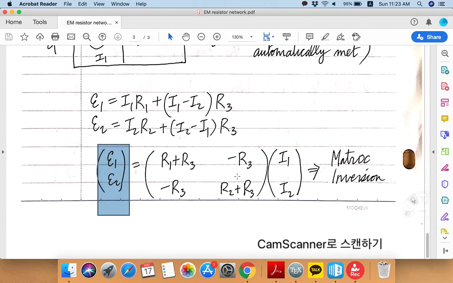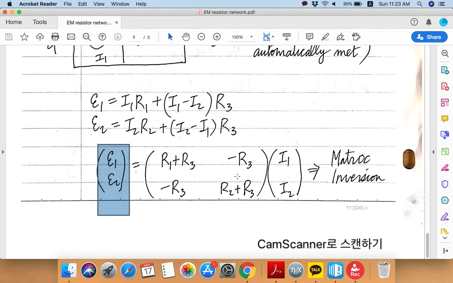But in fact, this is a pretty important connection to remember, especially if you're an electrical engineer and have to work with literally thousands and thousands of resistors connected in all kinds of crazy fashion.